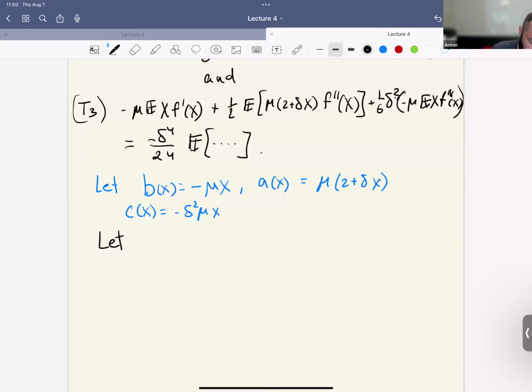And consider the following test function: g of x is the integral from 0 to x of c of y over a of y, f double prime of y, dy.